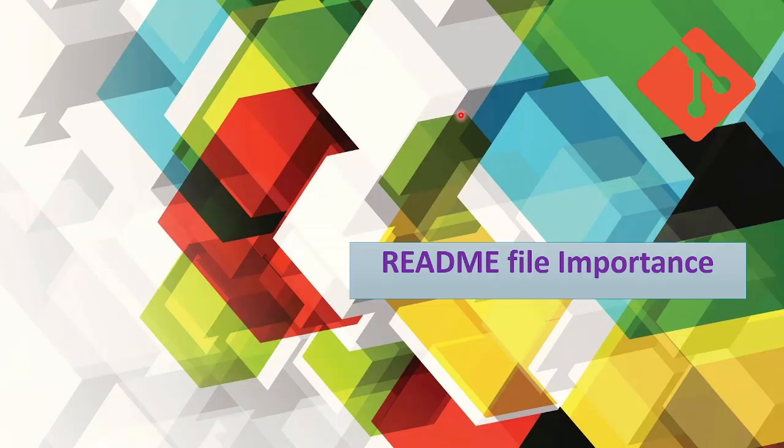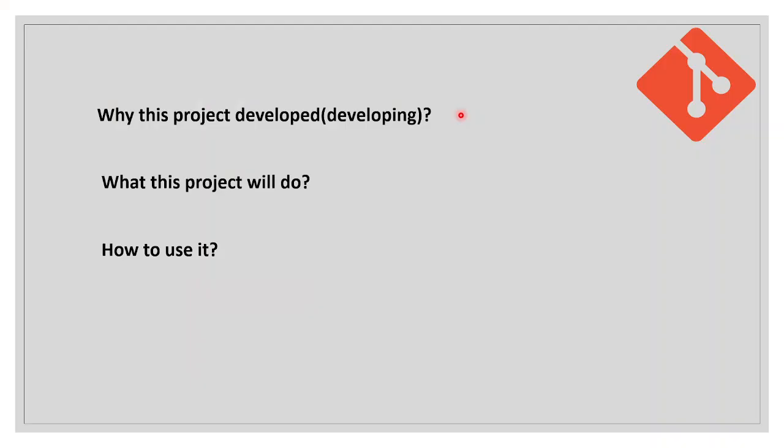It is a recommended way to have a README file, and it should be updated every time. If the project is under development, you need to keep updating this file. Whenever you add a new feature or a new change to this project, you need to update this file too.